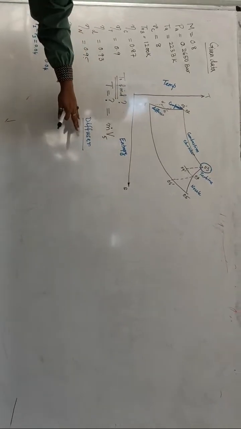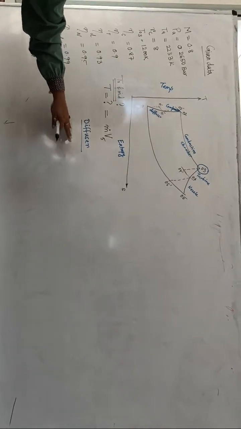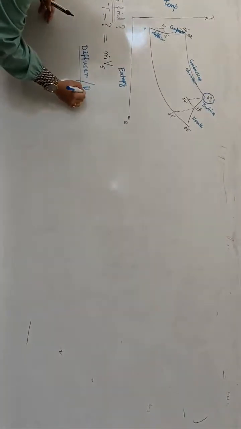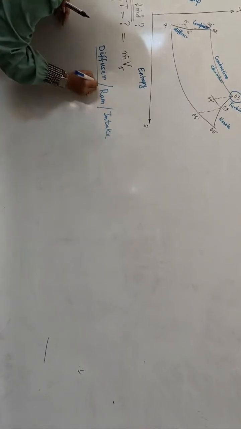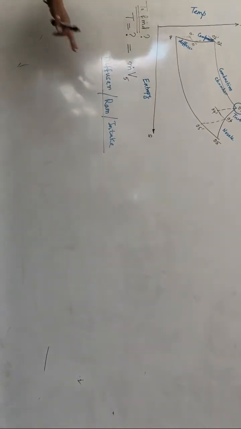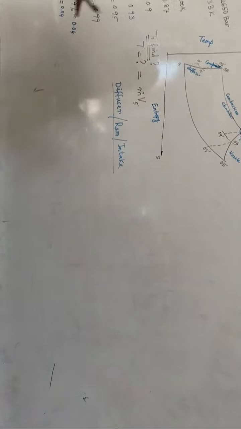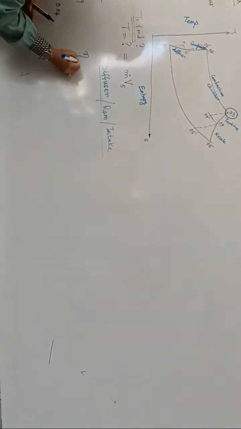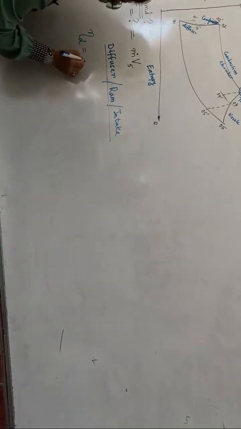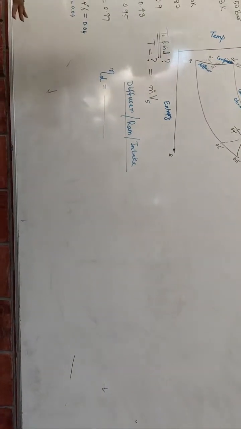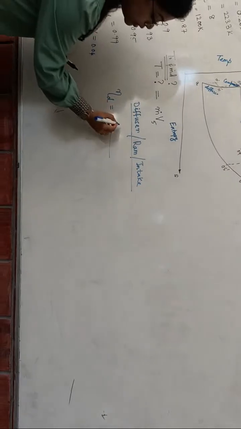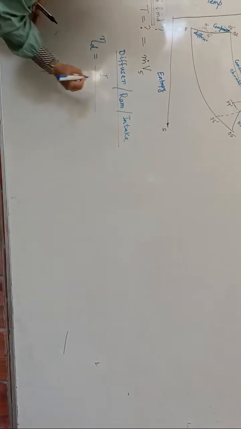At that time, all are the same: diffuser, ram or intake all mean the same. So what now? First thing, they have given the diffuser efficiency, so we will write the diffuser efficiency. What is diffuser efficiency? First we'll implement that formula. What is the formula? Anyone can say?